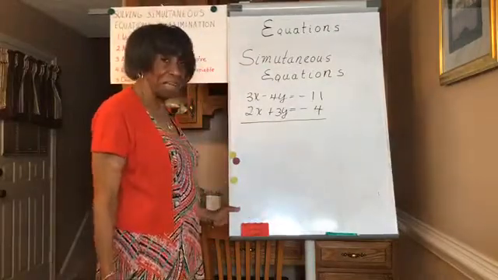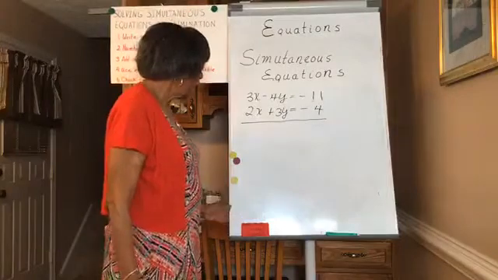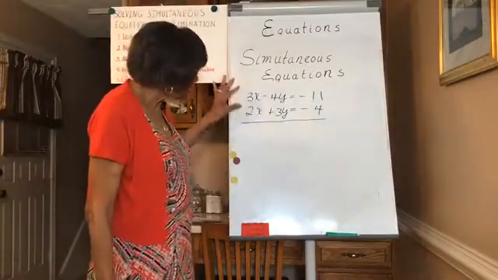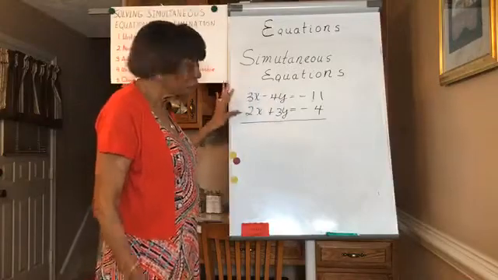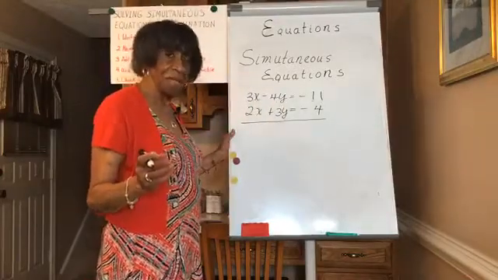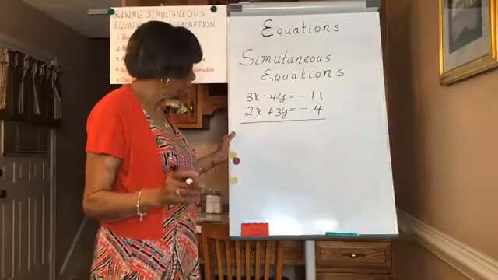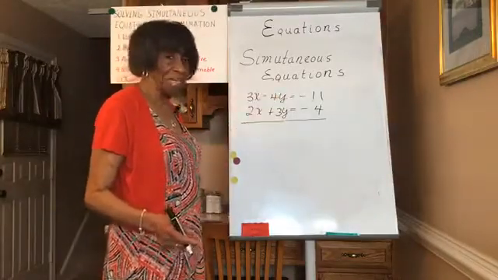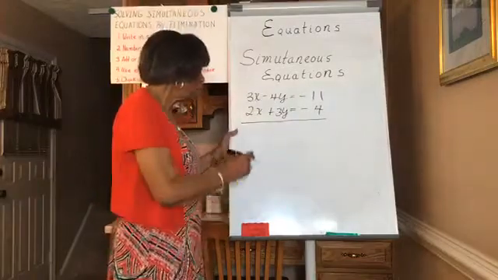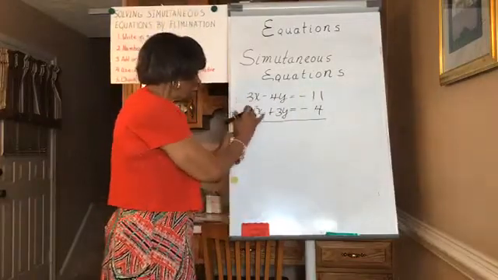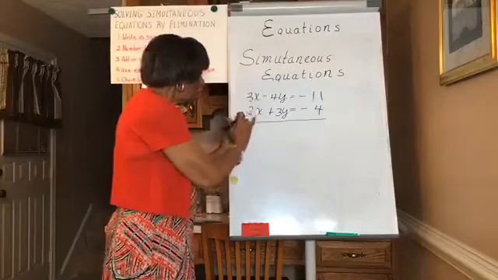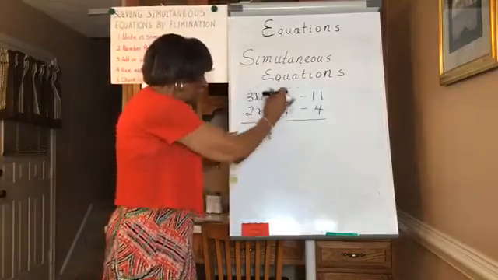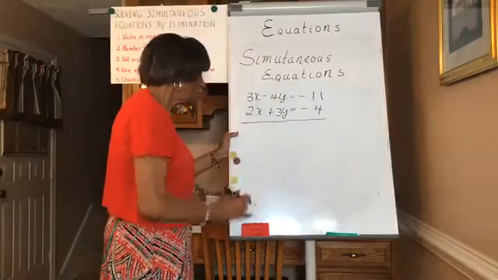And what's so funny about this one is that, again, we didn't have to multiply both. But this time, you're going to have to multiply both of these equations to make them work. Because the least common multiple of 3 and 2 is 6, and the least common multiple of 3 and 4 is 12.